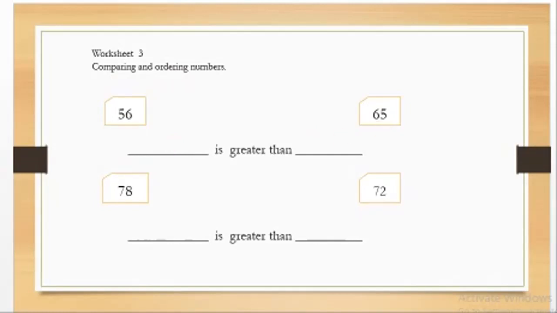65 is greater than 56. So in the first blank, you are going to write 65. So let's write it here, 65. Yes, 65 is greater than 56, so I'm going to write 56 over here.